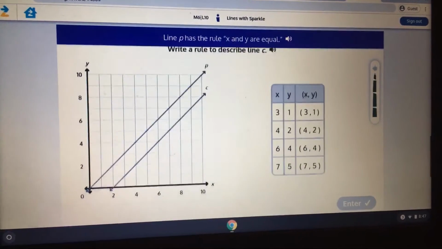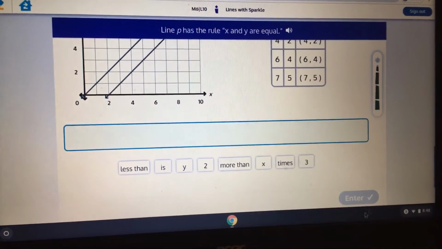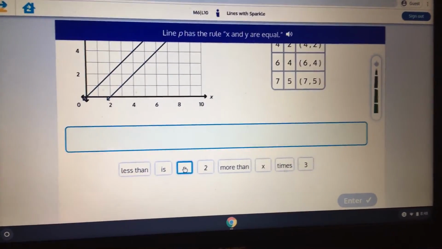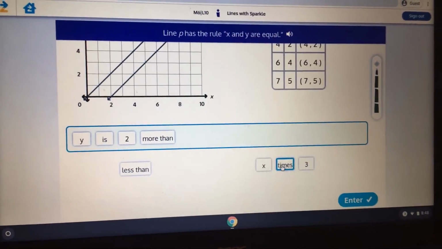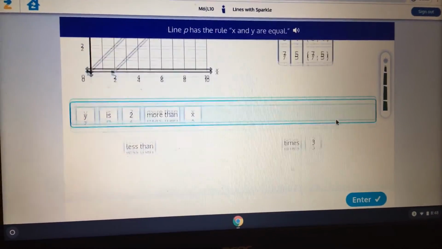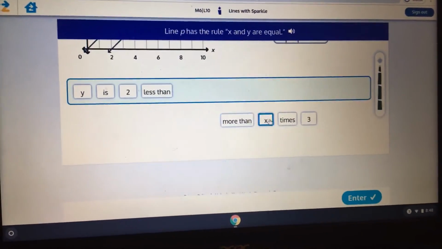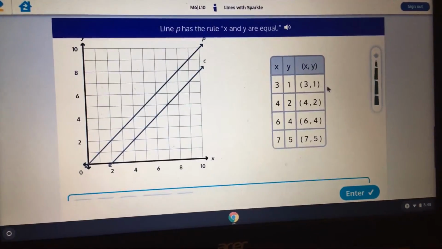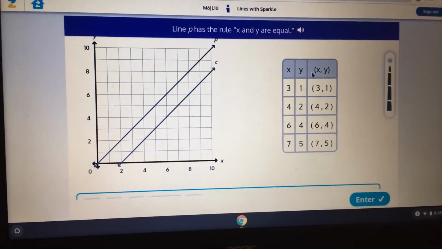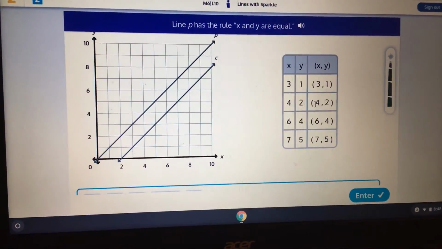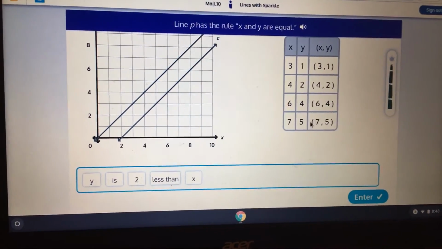All right, so now we're writing a rule to describe line C. So y is 2 more than x. So if I look at this, oh, nope, not more than, less than. So again, make sure I've got my right answer. So 3 minus 1 gives me 2, 4 minus 2 gives me 2, 6 minus 4 gives me 2, and 7 minus 5 gives me 2.